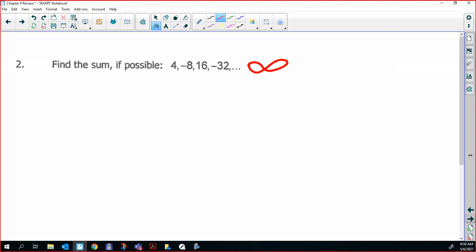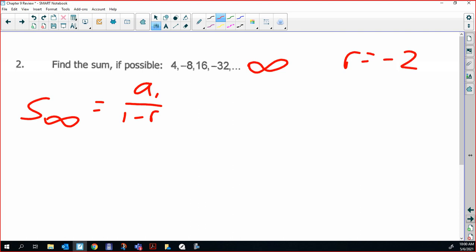So we got to find r because the infinite sum formula is a1 over 1 minus r. We need to know a1, which is 4. We need to know r, which, to get from 4 to -8 to -16, is being multiplied by -2 every time.